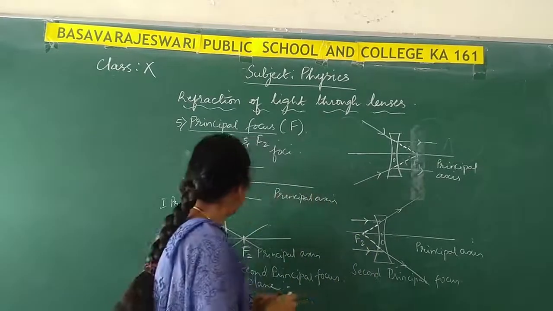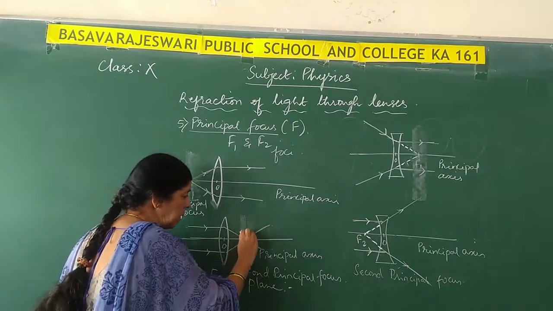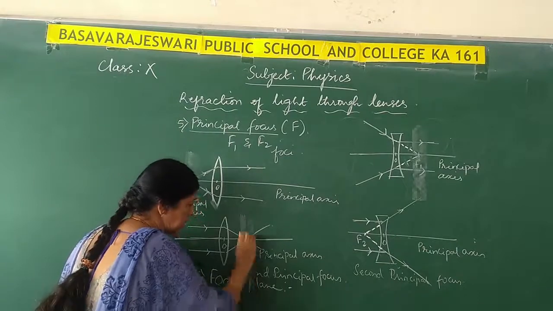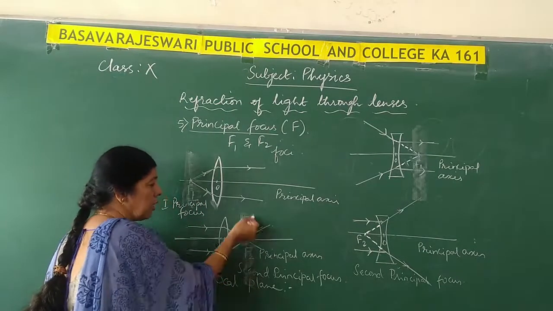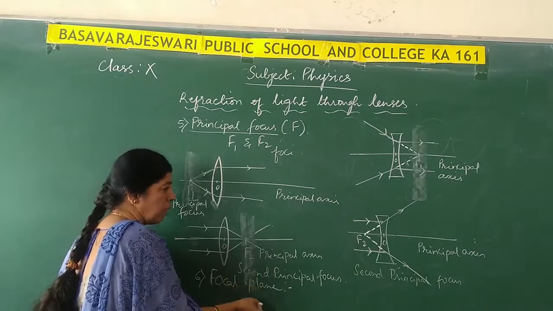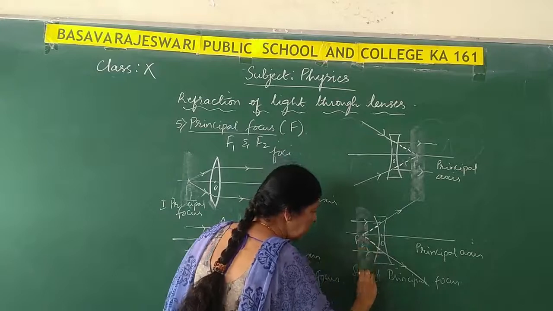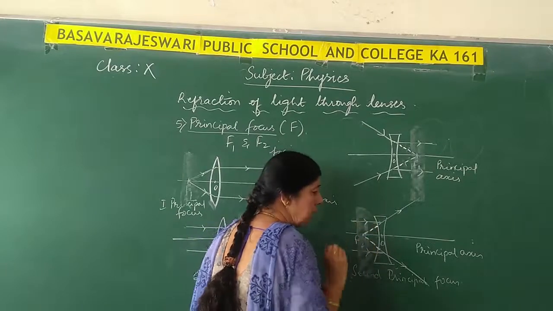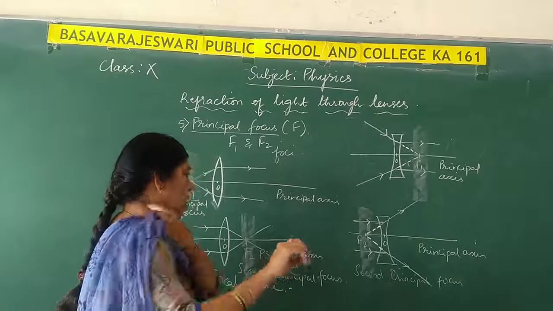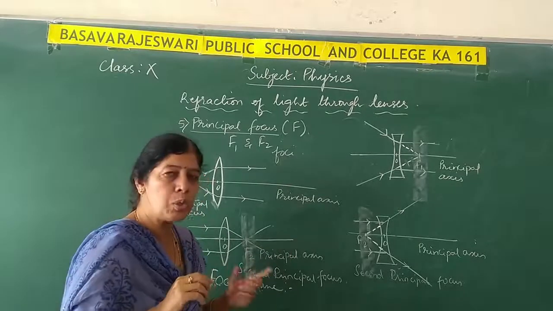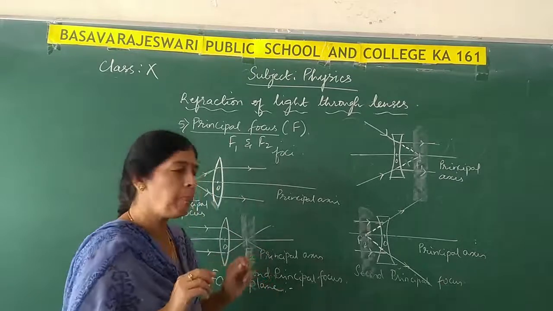Even for the second principal focus, you can imagine a plane normal to the principal axis and passing through the second focal point, which is called the second focal plane. So basically there will be two focal planes, first focal plane and the second focal plane.